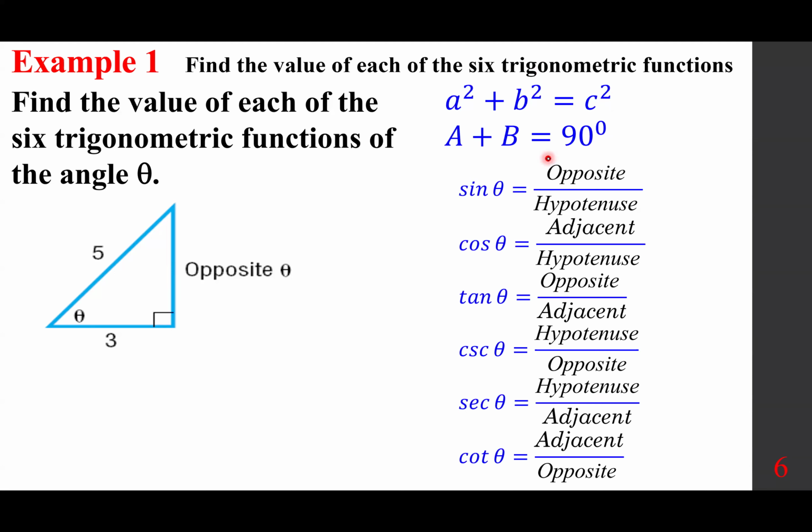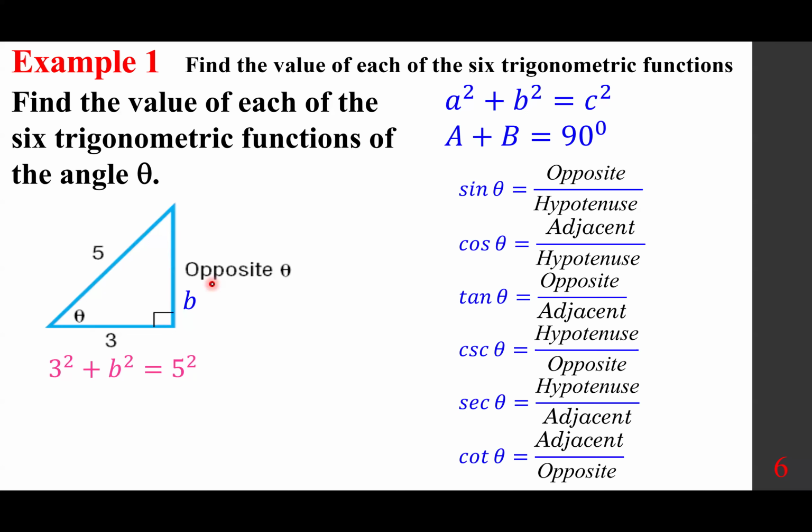For example, here this side is 3 and this side is 5. So we can find the remaining side using the Pythagorean theorem: a squared plus b squared equals c squared. So 3 squared plus this side quantity squared equals 5 squared. We're going to call this side b.